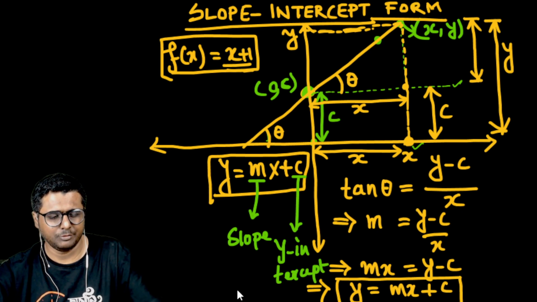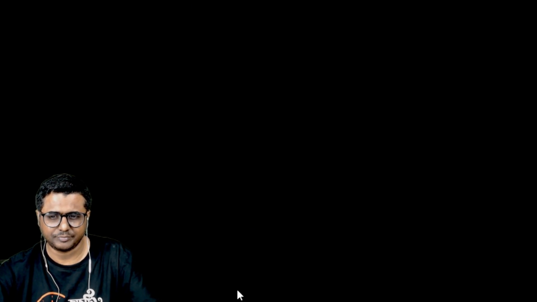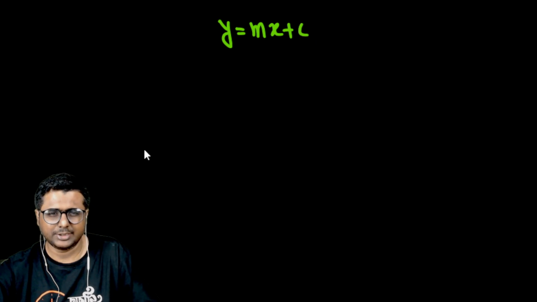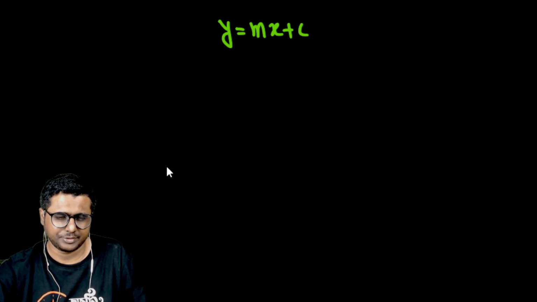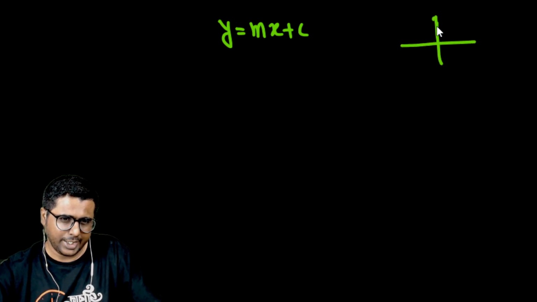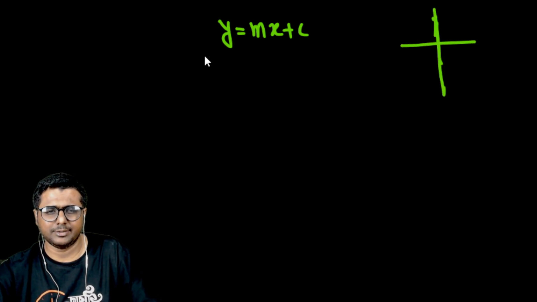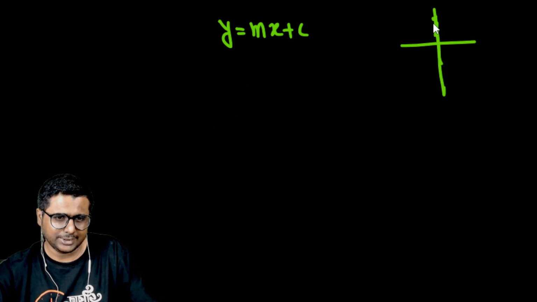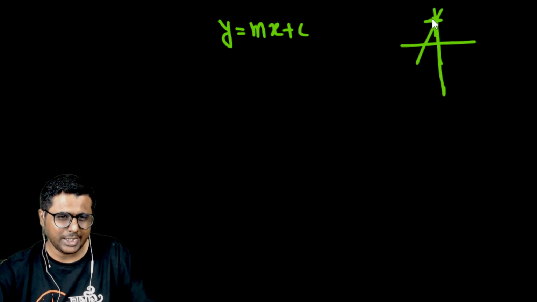Okay. Now we are going to the next page. So when we talk about y is equal to mx plus c, let us understand intercept from this. If somebody asks me to calculate x-intercept and y-intercept from this line, then remember, y-intercept means when the line cuts the y-axis.